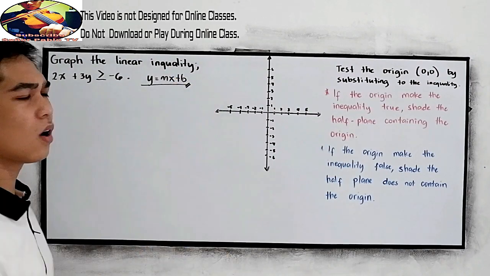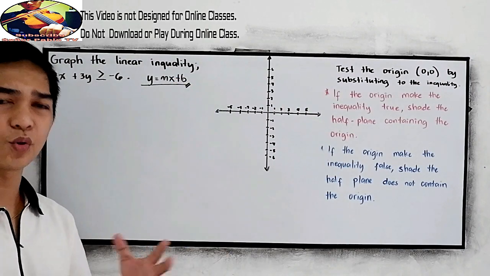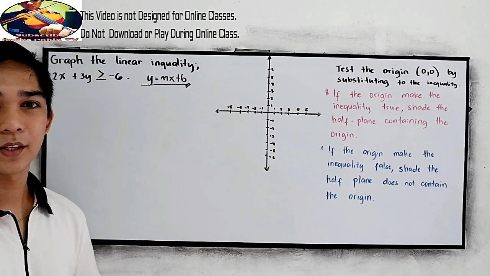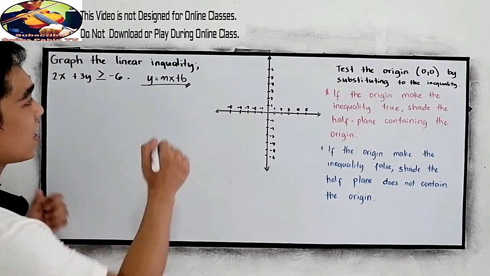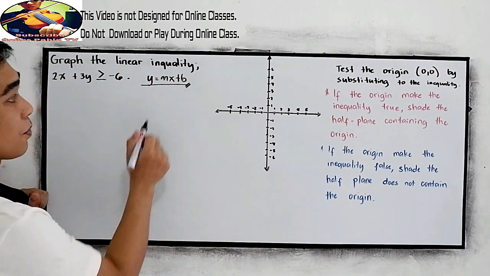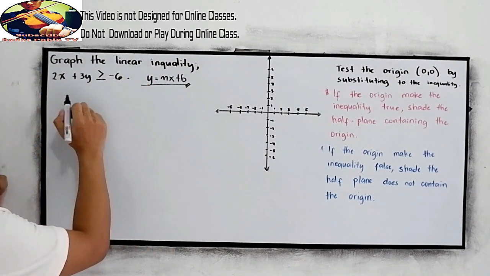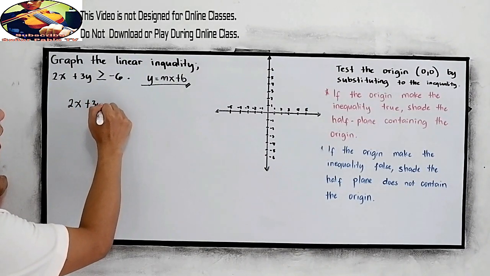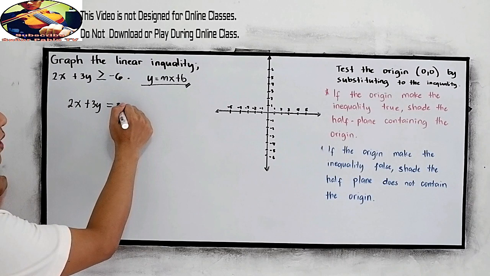Or if you want, you can also use the x and y intercept or 2 points. Any method that you are comfortable to use. So this time, let's use the slope-intercept form. So let's make it 2x plus 3y is equal to negative 6.